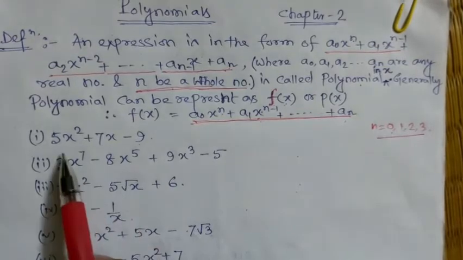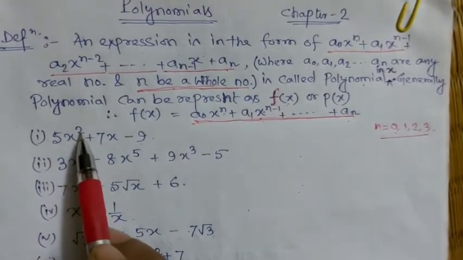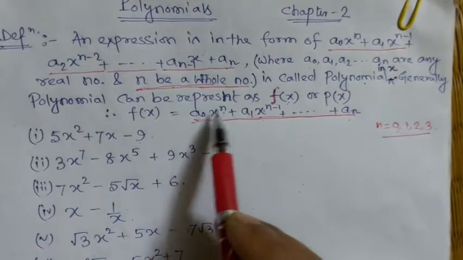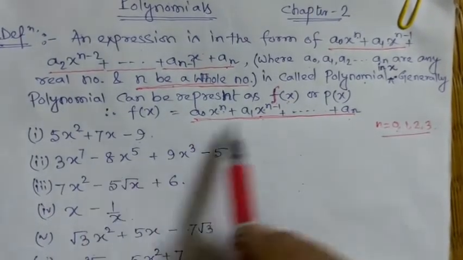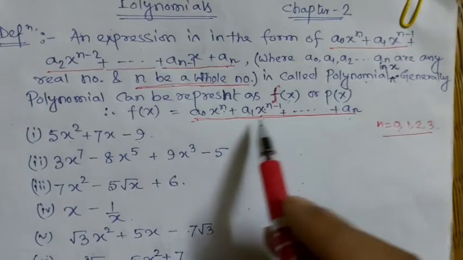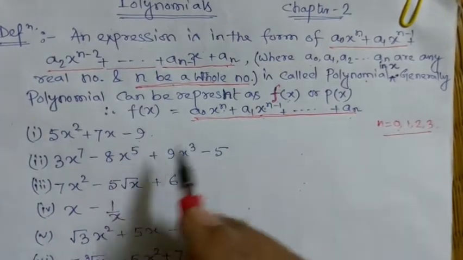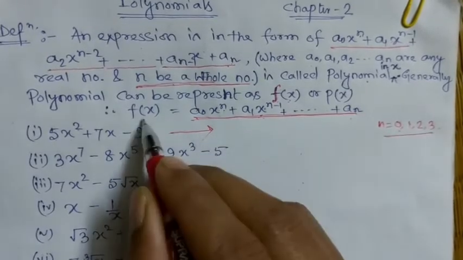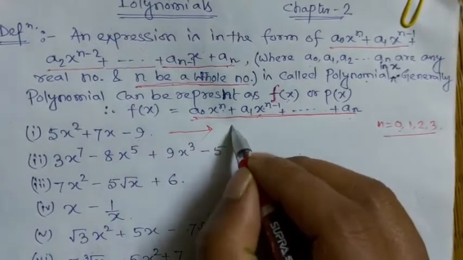Here 5x square means the value of n is 2. Then 7x minus 9, you can take plus 9 also. This is similar to the function f(x), so this is a polynomial.